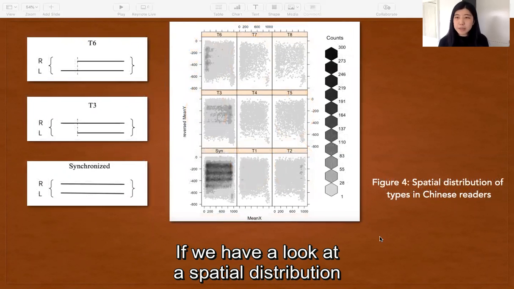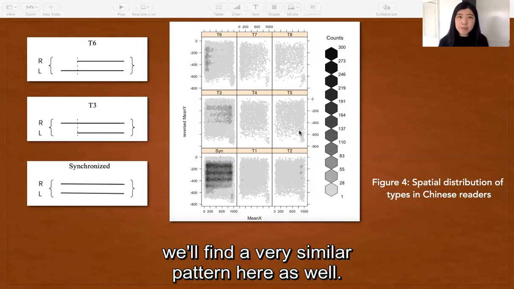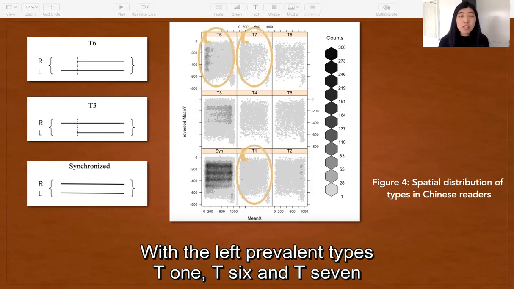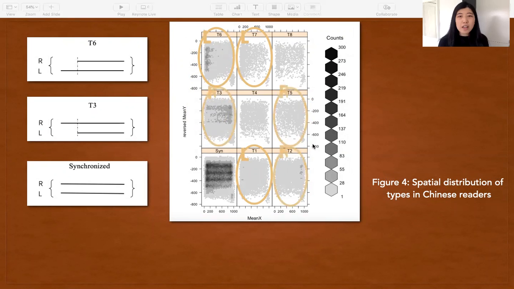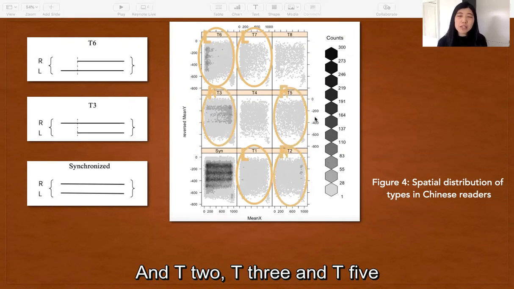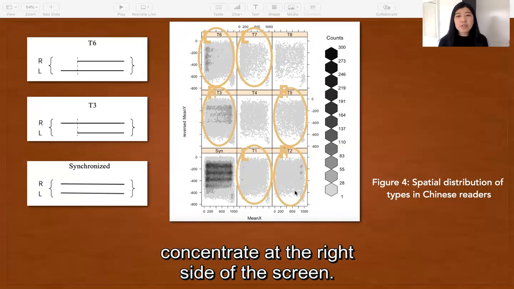If we have a look at the spatial distribution in Chinese readers, we find a very similar pattern as well, with the left prevalent types, T1, T6, and T7, concentrated at the left side of the screen, and T2, T3, and T5 as the right prevalent types concentrated at the right side of the screen.